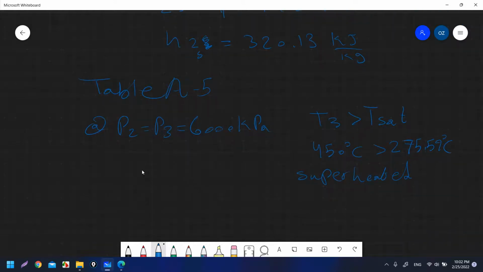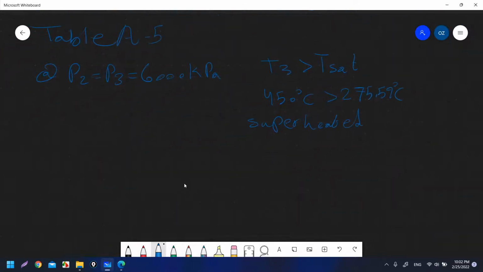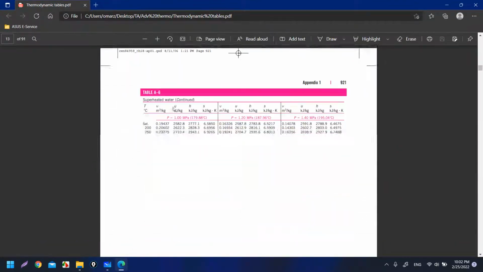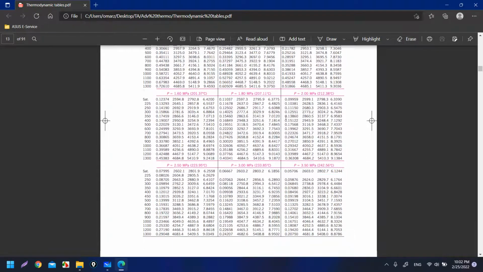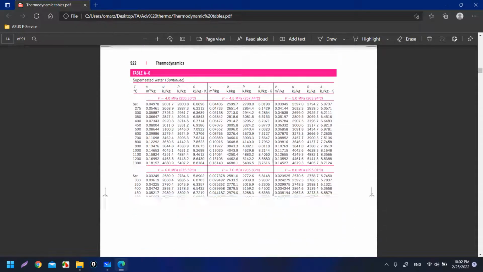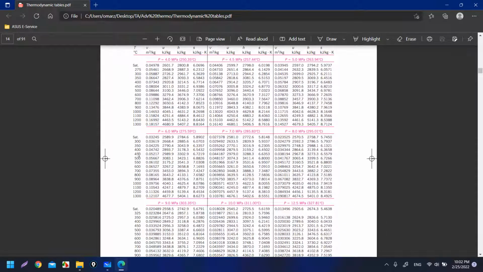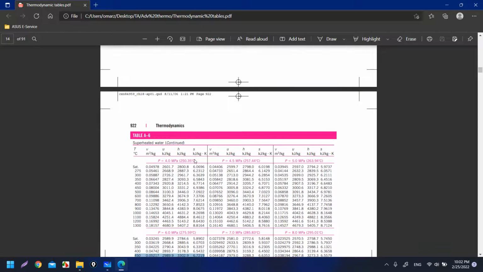Okay, I will go to table A6, the superheated table, under also the same pressure and temperature. So 6,000 kilopascal, meaning 6 megapascal. 6 megapascal is here with a temperature 450 degrees Celsius, and we said we want to find both H3 and S3, okay?